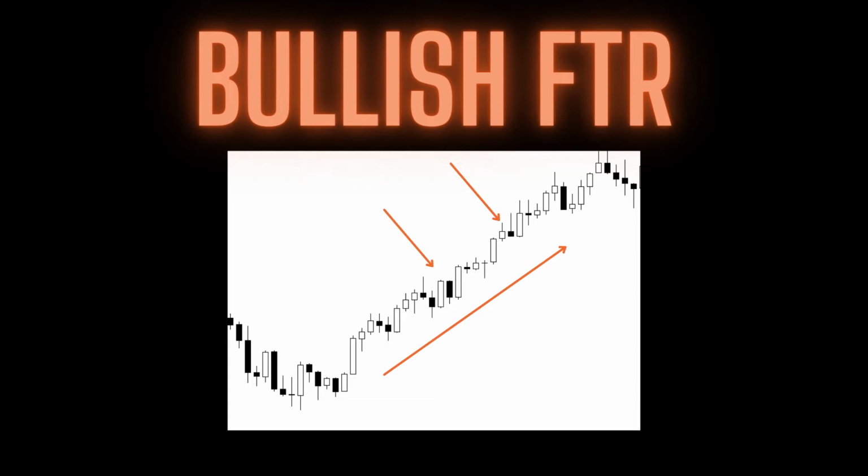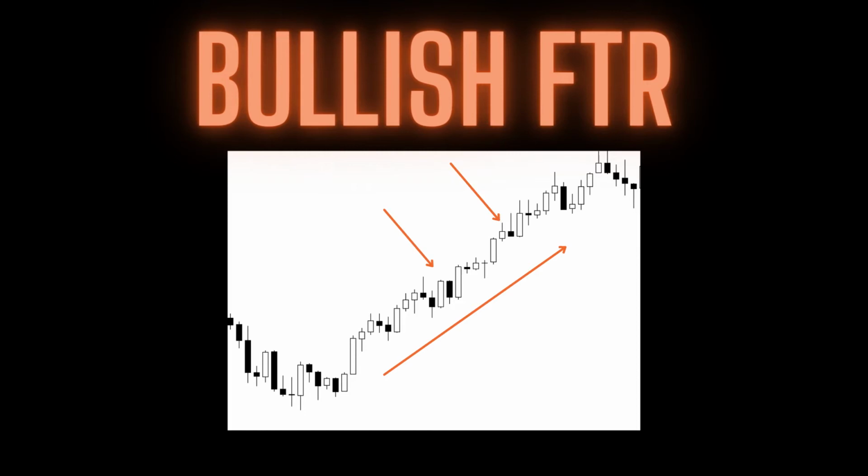And another rule is that you've got to check your levels and zones. You don't want to trade it against a nearby zone, otherwise it's not going to be an FTR. It's going to be a reversal candle, so you've got to watch out.